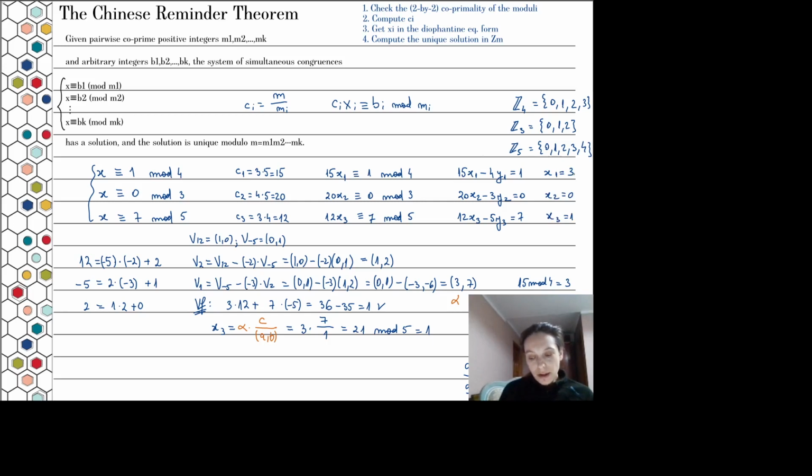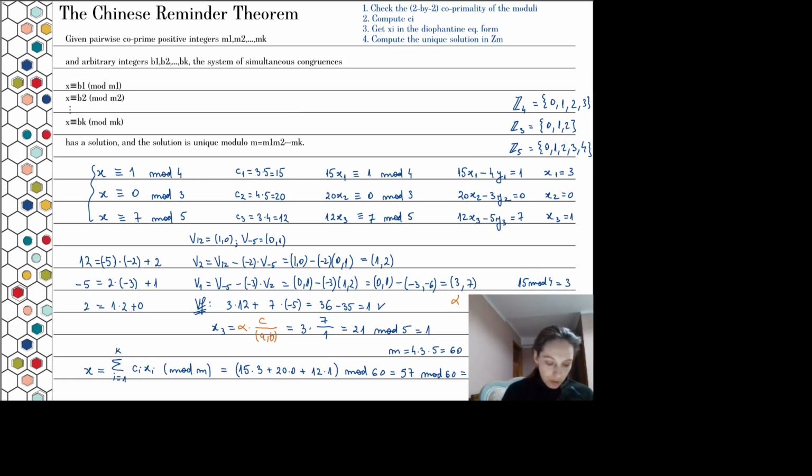So x1 in our case will be 3, x2 will be 0, x3 will be 1. Then we are interested in finding the final x. The final x will be computed in this way. We take all ci and xi, compute this sum, and do not forget to reduce the result modulo m.